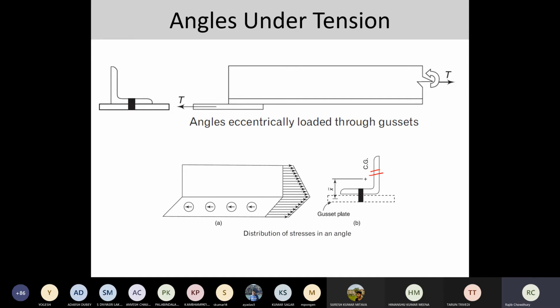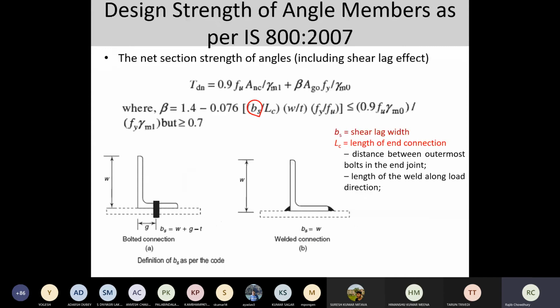These distances are typically termed the shear lag width.